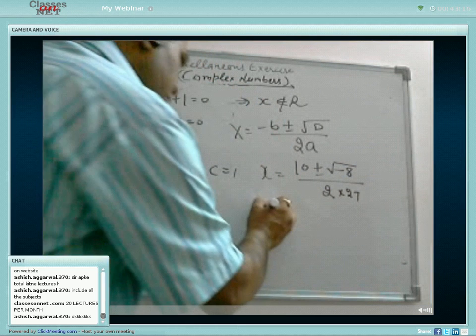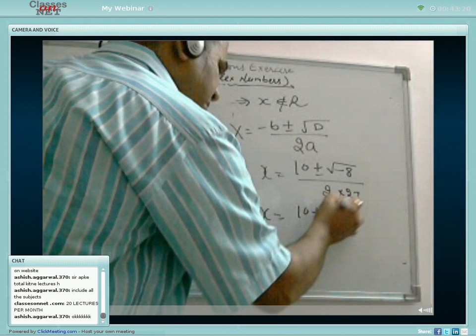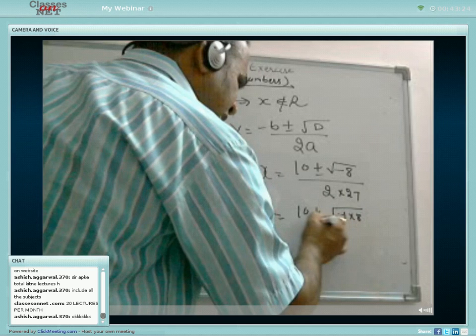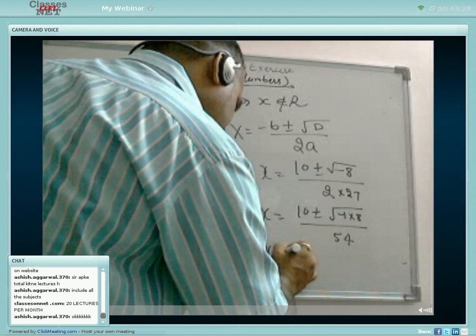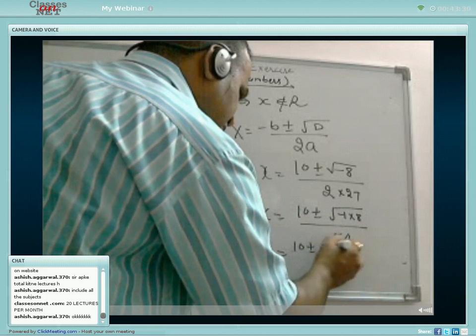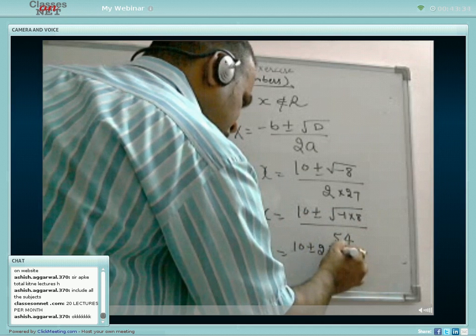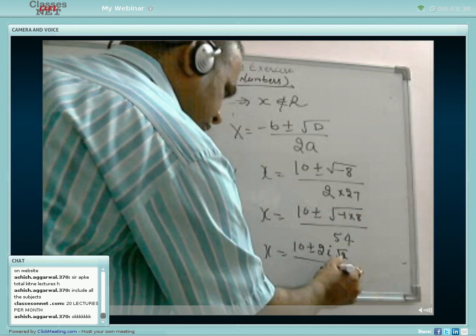So this x is equal to 10 plus minus iota into root 8, divided by 54. Root 8 is 2 root 2. This is 2 iota root 2 divided by 54.